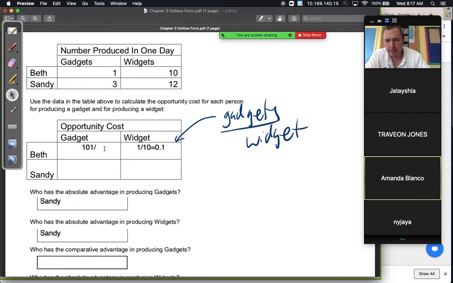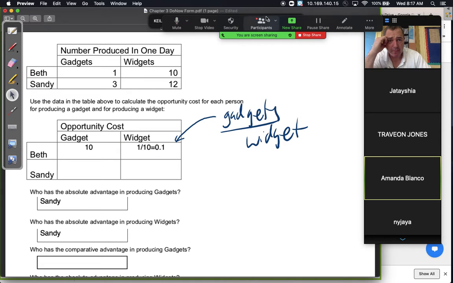And something happened here. 10 to 1. So she gives up 1 gadget per 10 widgets, or 1/10 of a gadget to make a widget. She gives up 10 widgets to make a gadget.